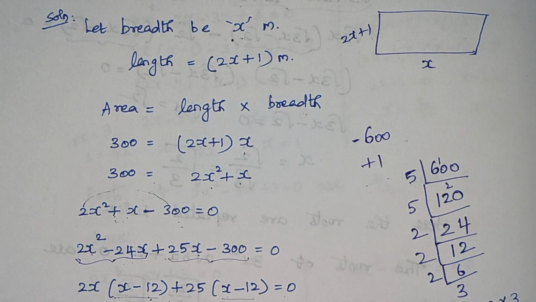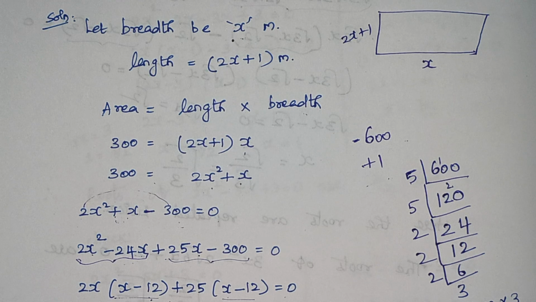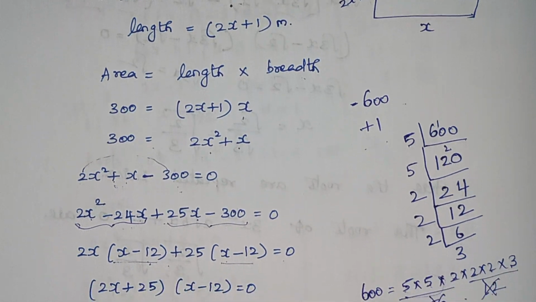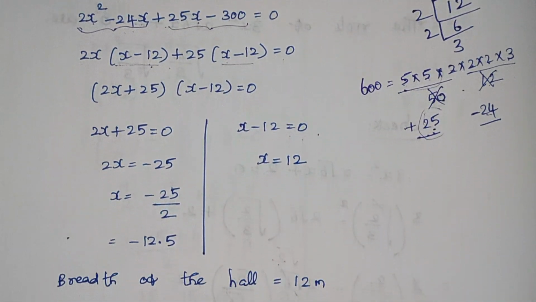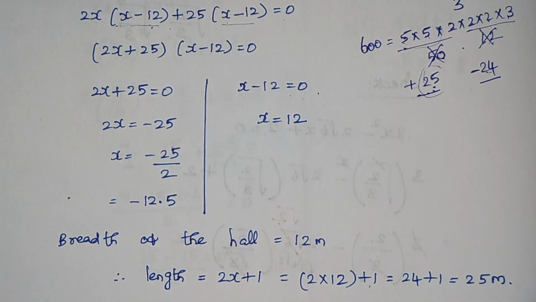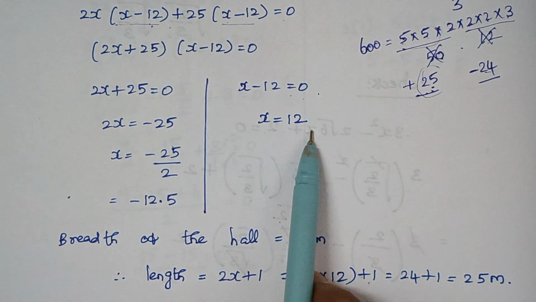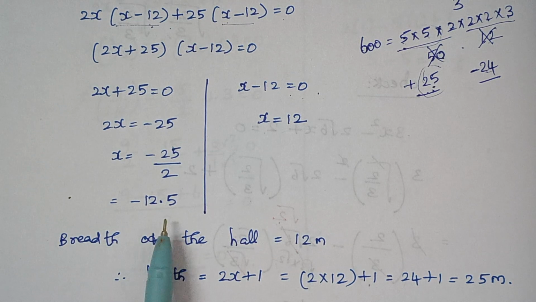So, breadth should always be positive because it is a measurement, right? If you are asked to tell the length of a scale, you should be telling it in the form of 15 centimeters and 20 centimeters, right? Not like minus 10 and minus 2. So, in the same way, here the breadth should always be positive. Therefore, the breadth of the hall is taken as 12 meters, not as minus 12.5.